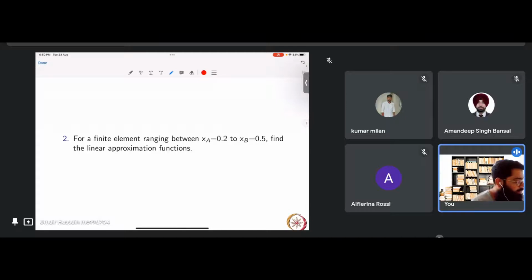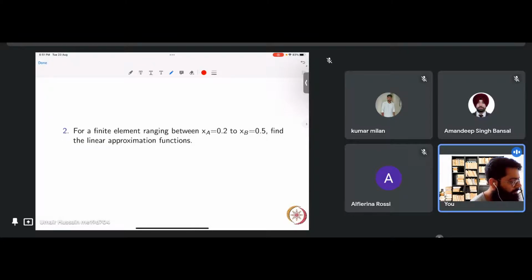Okay, for a finite element ranging between x a equals 0.2 to x b equals 0.5, find the linear approximation function. So in the class we have derived the formula for the linear approximation function, isn't it? Since we are given in terms of global coordinates, we talk in terms of global only.